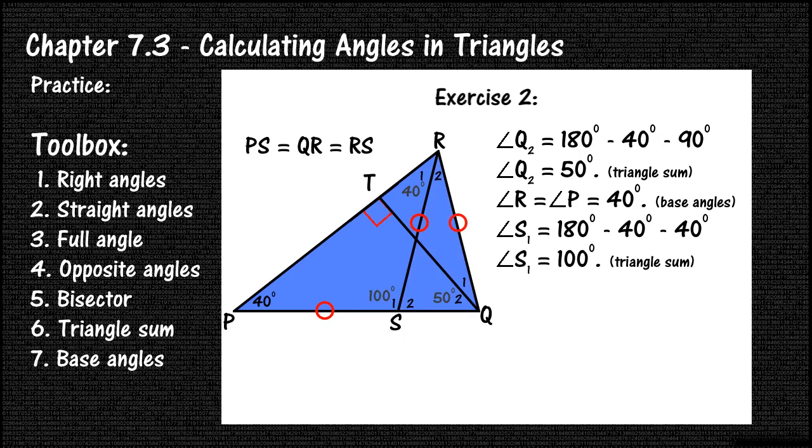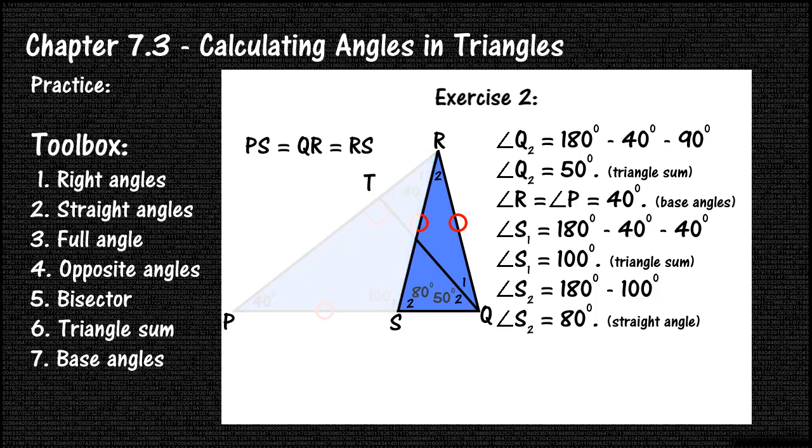Halfway there. With angle S1 being 100 degrees and angle S12 forming a straight angle, angle S2 must be 180 minus 100, which is 80 degrees. And moments ago, we concluded that triangle QRS is an isosceles triangle and has two base angles which are the same.